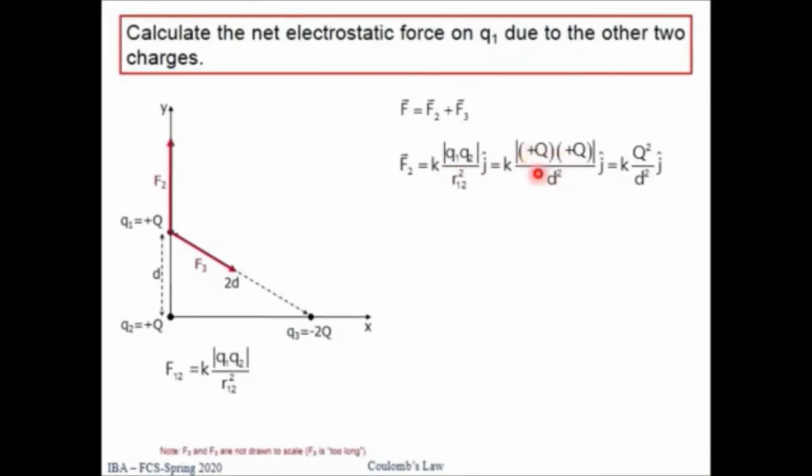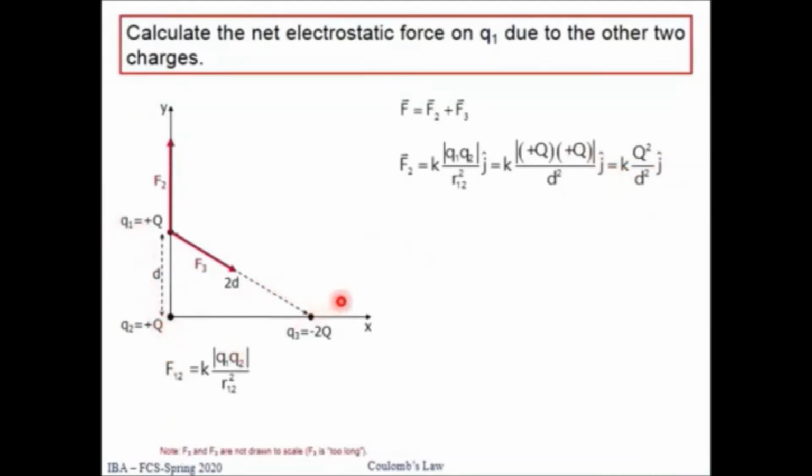If you multiply these Q's, you will have Q square divided by d square, and j is just the representation of the unit vector, meaning the vector is along the positive y direction. This is our force between these two charges.